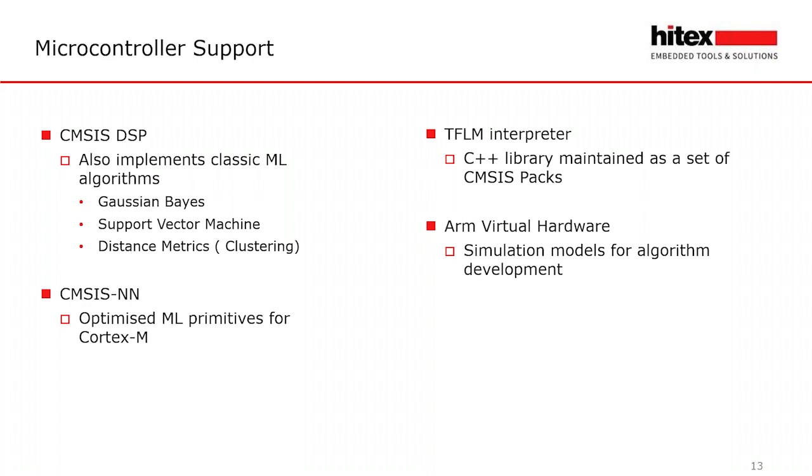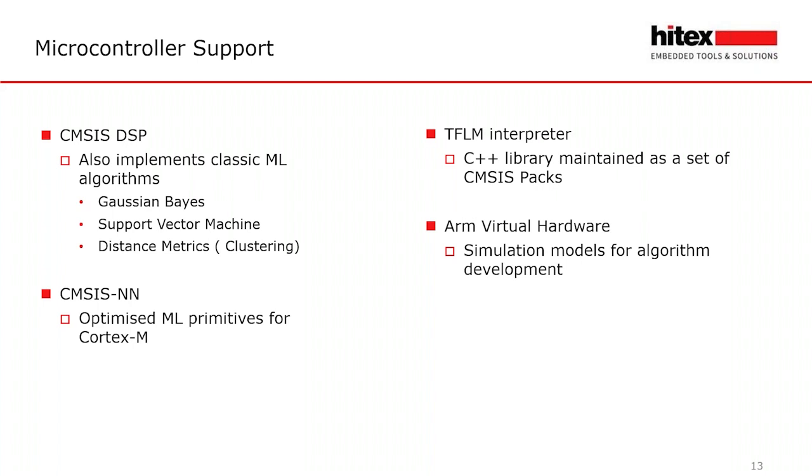Another very good way of developing and testing the machine learning model is using the ARM virtual hardware simulation models. So these typically will model a Cortex-M55 with the neural processing unit, so that we can build our code and then download it directly onto the virtual hardware and run the machine learning algorithm in simulation.